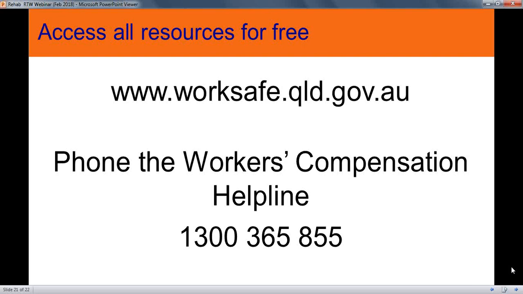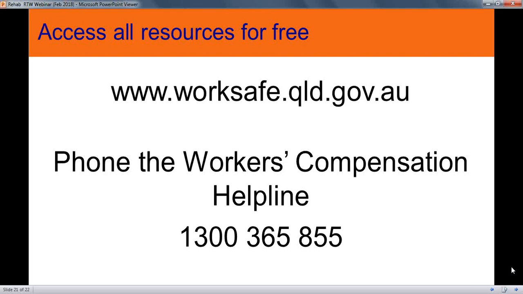Okay, so if there's no suitable duty, for example, the person's capacity means that they're unable to perform anything within the workplace or any other type of meaningful work, or you simply don't have other work available for them, then you've got an obligation to notify WorkCover in writing, and WorkCover will then liaise with the employee to organise host employment.